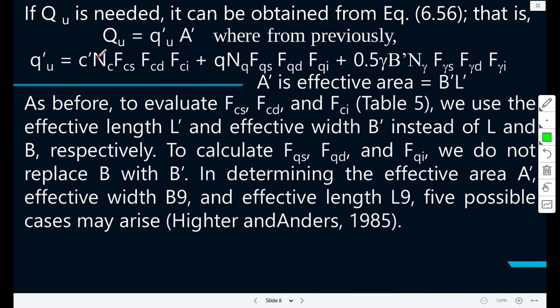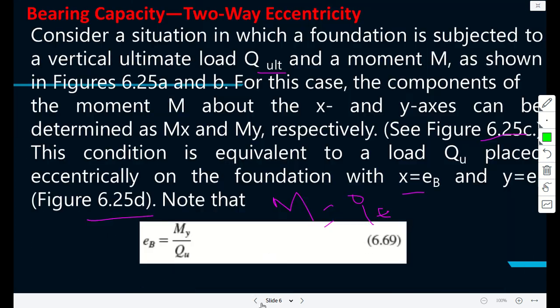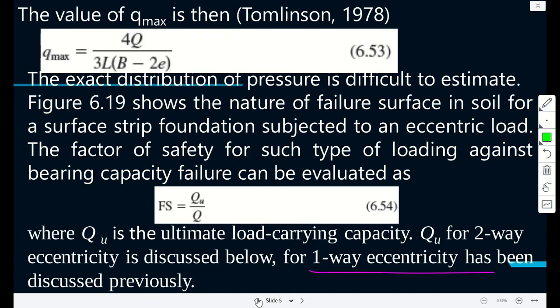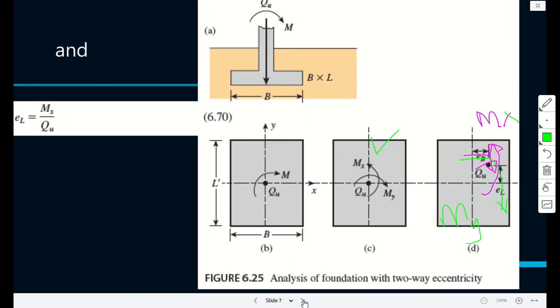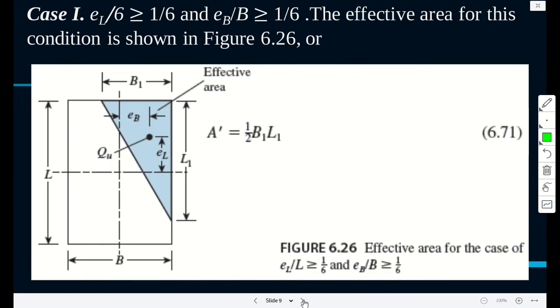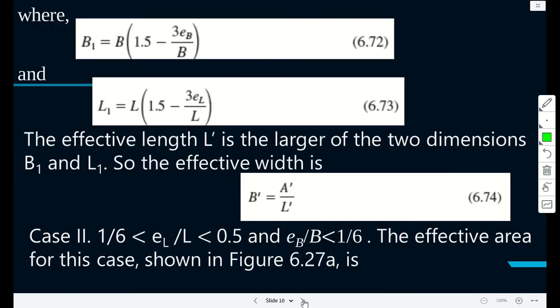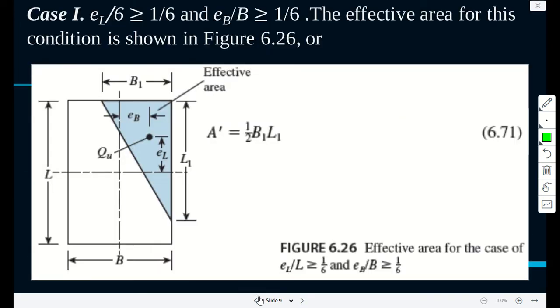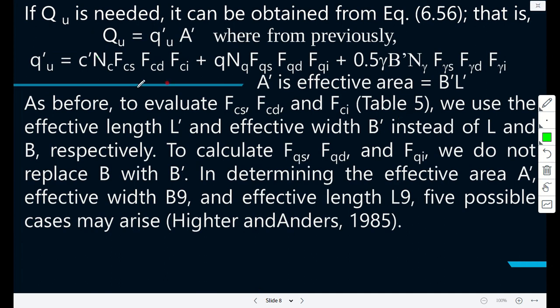So if Qu is needed, it can be obtained from equation 6.56. I already have maintained the equation. Yeah, this is equation 6.56, which is the Meyerhof equation.